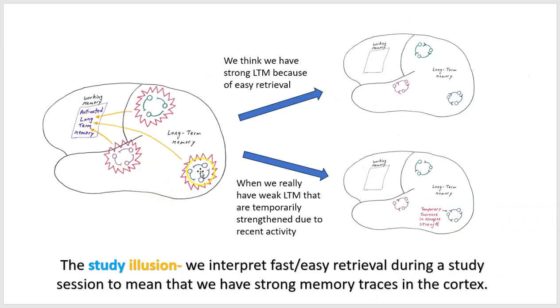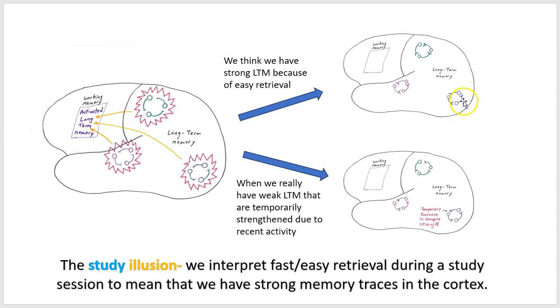So here we have the study illusion. Over here on the left, here we are studying, and we're processing information, and we're forming cortical memory traces here. But then we put the book down, or a moment later we try to retrieve information, and we find we're really successful. So we might think we have strong long-term memory traces because of that easy retrieval. See, we think our brain is like this up here just because we had easy access to the information a moment after studying it.